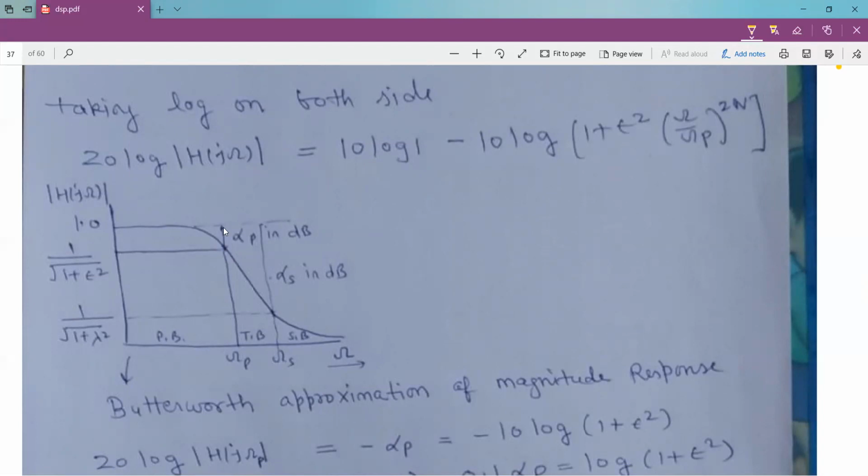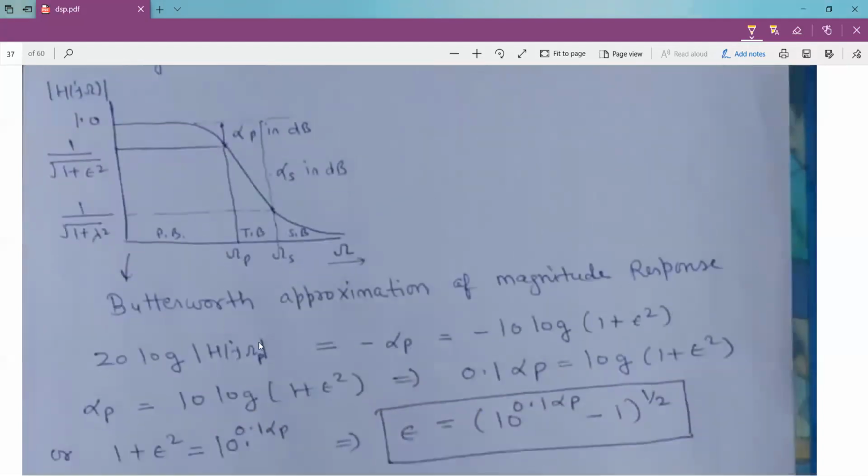But this is attenuation, so you will put it with a minus sign. So here at omega p, you put the value of this attenuation, that is minus alpha p, which is equivalent to the other side of the equation. Now, when you simplify these two, you will find a relationship between epsilon and alpha p.